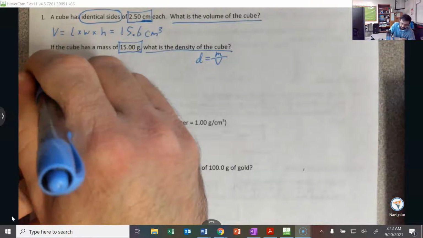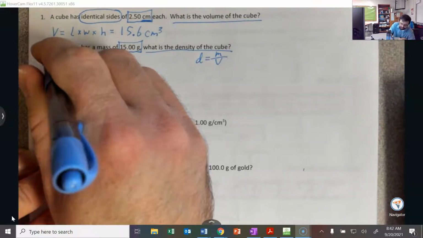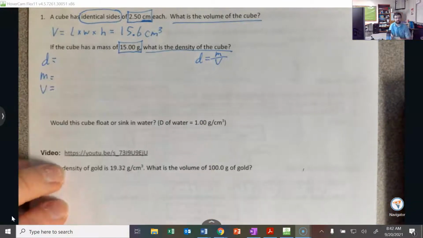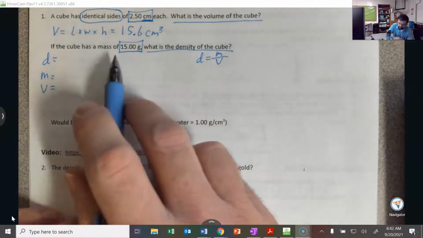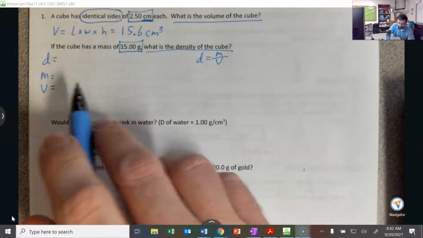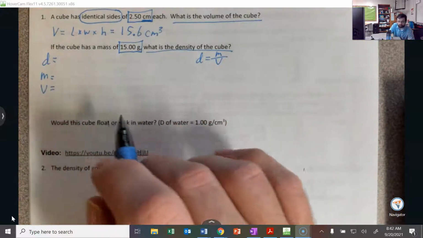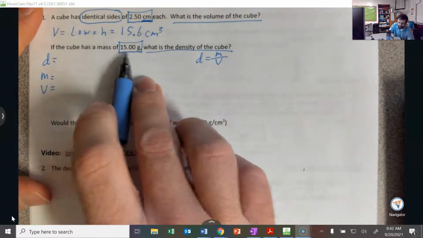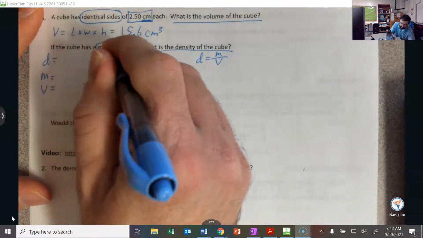Density, mass, volume. By the way, this will prepare you for physics. They use something called the GUESS method in physics, where they want you to label your given, your unknown, and then your equations, and to solve it and write your solution at the end. So it's important to go ahead and practice that in chemistry so you're more ready for it next year. 15.00 grams, that is a mass.